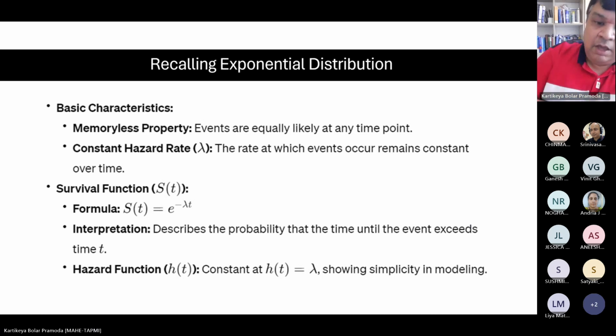Now in this part there's something called lambda. This lambda we generally assume in exponential distribution as a constant hazard rate. That means it is the rate at which any particular entity will decline.